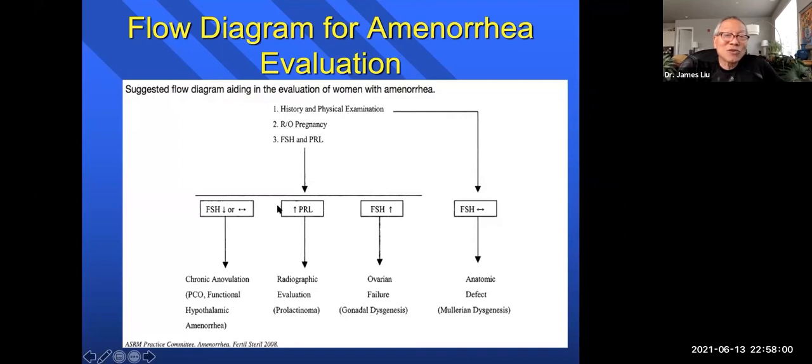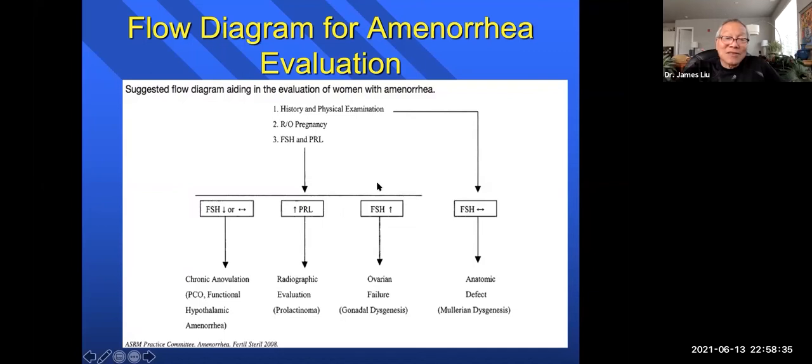And in this case, you would, on history and physical examination, hopefully identify some stressors that contribute to it, whether it's exercise, dietary, or weight loss as one of the causes, or increased environmental stressors. If the prolactin's elevated, then you obviously are thinking about a central lesion. Is it the prolactin-producing tumor of the pituitary, which is the most common, or some other central defect that is preventing the delivery of dopamine to the pituitary gland? So imaging studies then are required for that.